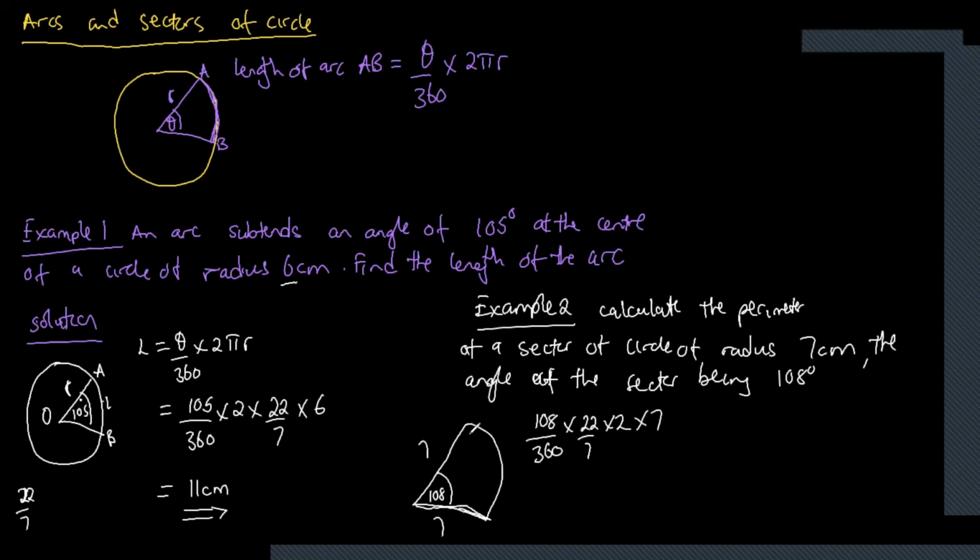So this is finding the length of the arc. What do we get? If we work that one out, what do we get? We get 13.2. Okay, and then what do we do now?